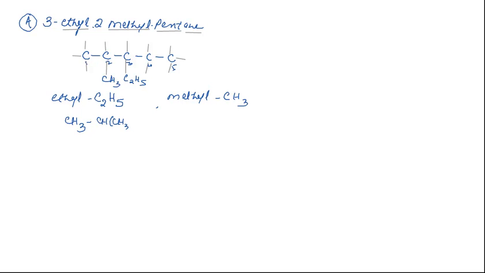So there would be CH3, there would be C2H5, then there would be CH2 and CH3, right? Now when you are drawing the structure, you need to put all the hydrogens. I'm not putting them because it will look cluttered here. So this will be your answer.